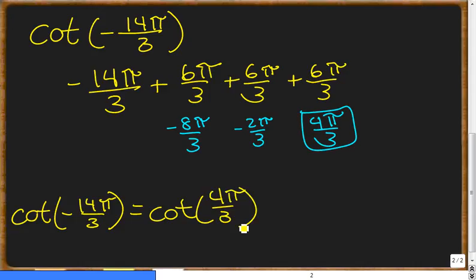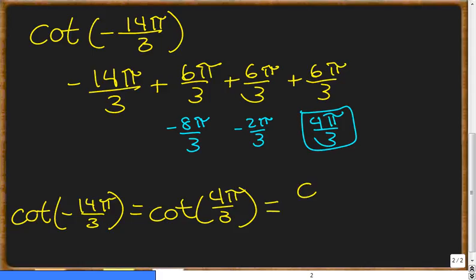Now, at this point, we haven't really talked a whole lot about the exact values of tangent, like we have sine and cosine. When we think about our circle and our equations, tangent is the same thing as sine over cosine.